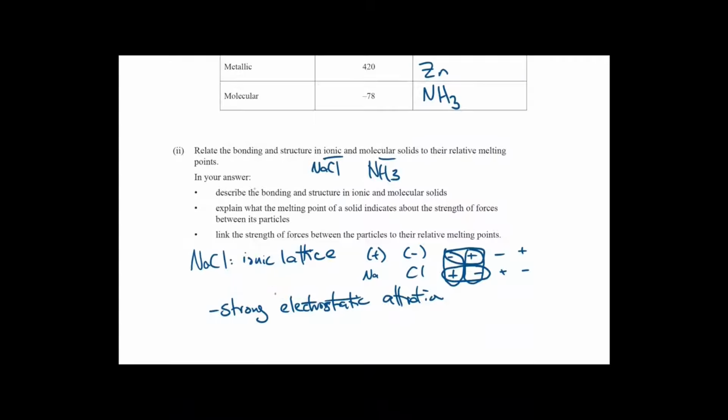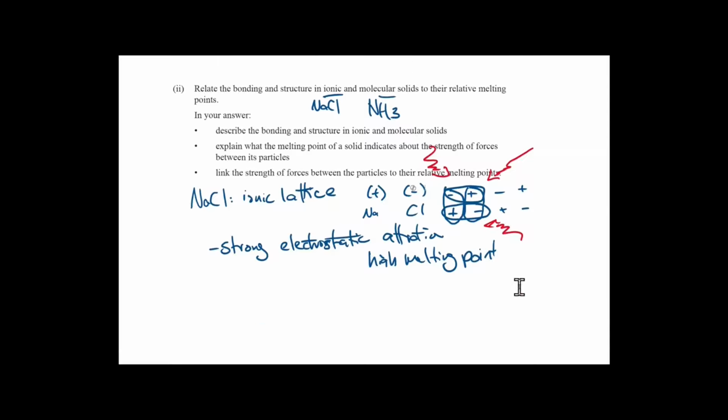So that's why they would have a really, really high melting point. The reason being is that when you have a lattice like that, it takes an awful lot of thermal energy going into this to break them up, because the thermal heat has to overcome those bonds. Let's compare that with the molecular solids, and the molecular solid that was given there was ammonia.